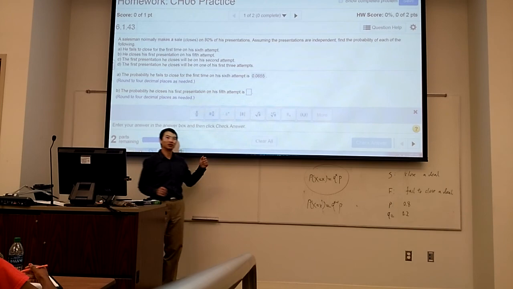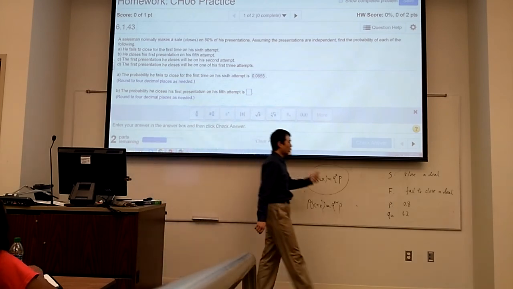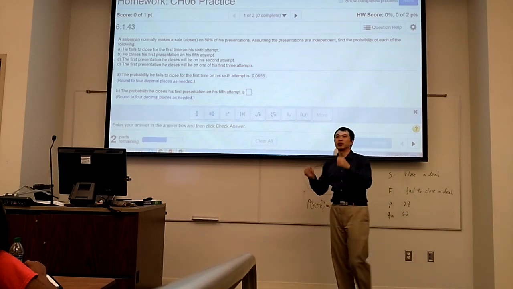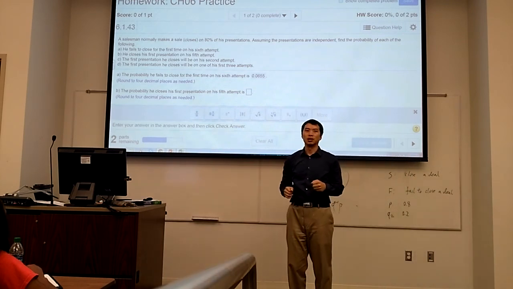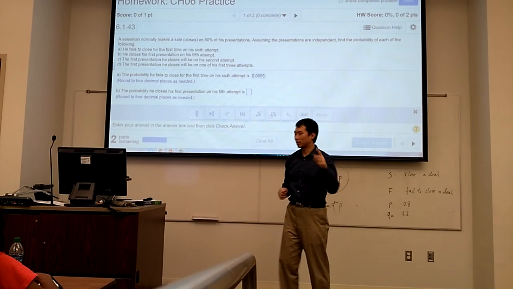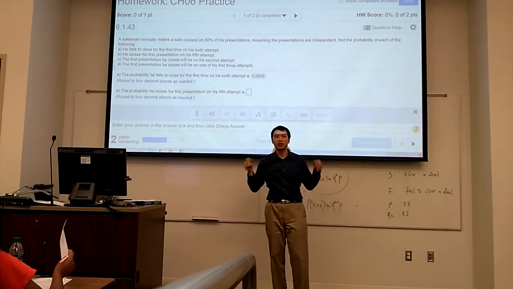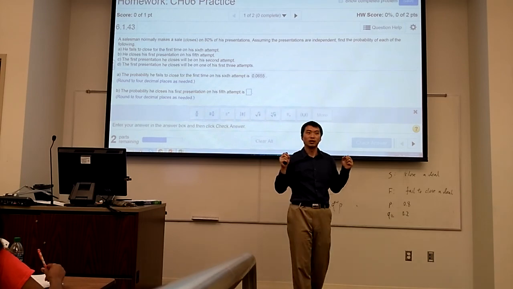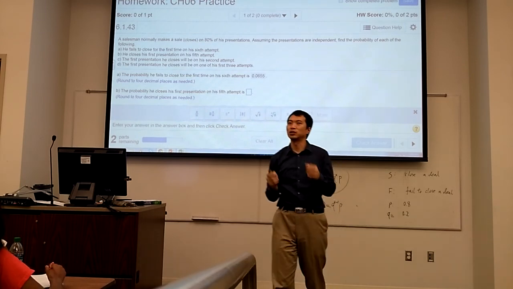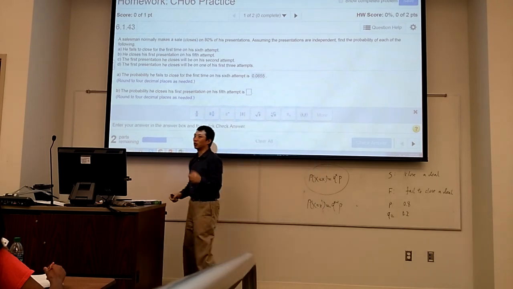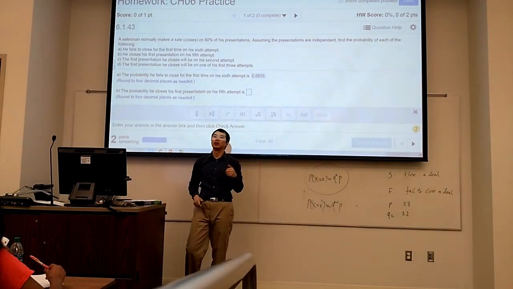So this is our geometric model. So the requirement is that given a problem description, you need to know, okay, this is talking about geometric probability model. Okay? So the keyword is the first. So if you see the first, okay, you need to think, okay, is this talking about geometric model? Okay? So that's a keyword you need to catch when you decide which model you need to use.